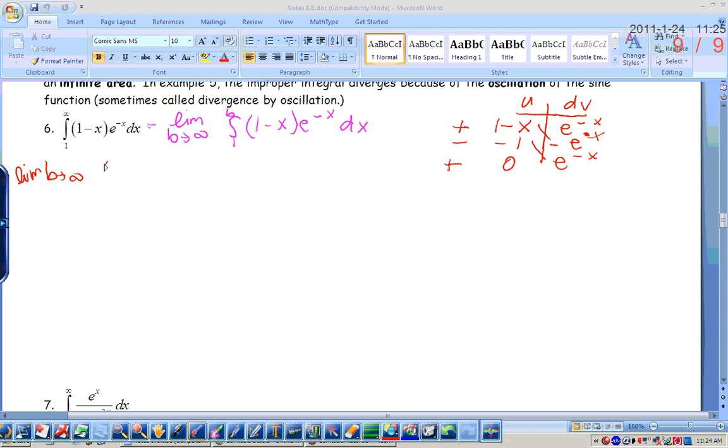All right, so that integral is going to equal negative e to the negative x times 1 minus x, and then my double negative here is going to cause that to be plus e to the negative x, evaluated from 1 to b.